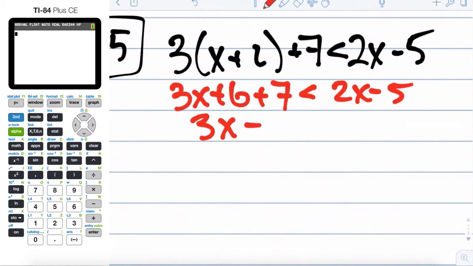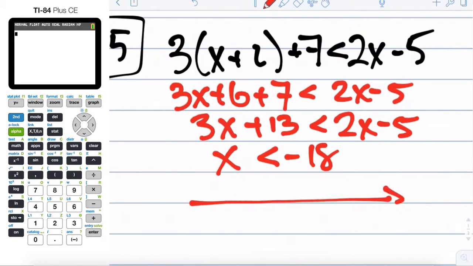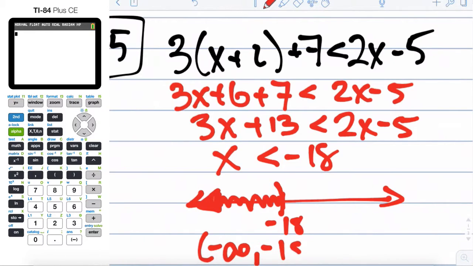The 6 plus the 7 give me 13 is less than 2x minus 5. Subtract the 2x from both sides and get x. Subtract the 13 from both sides and get -18. So there's my inequality. Here's -18. We're less than, so we're going that way. And if you were writing it as an interval, it would look like that.